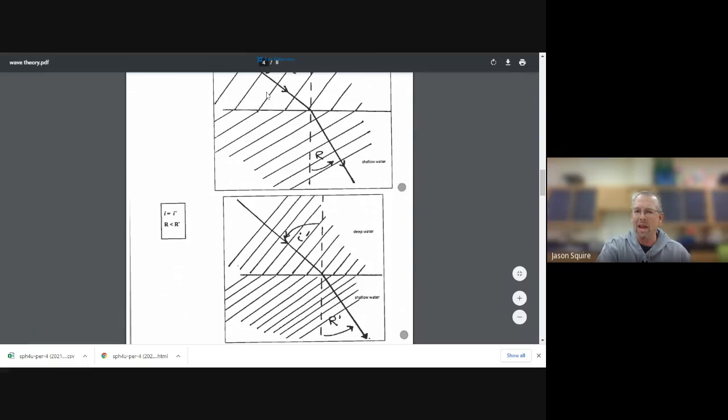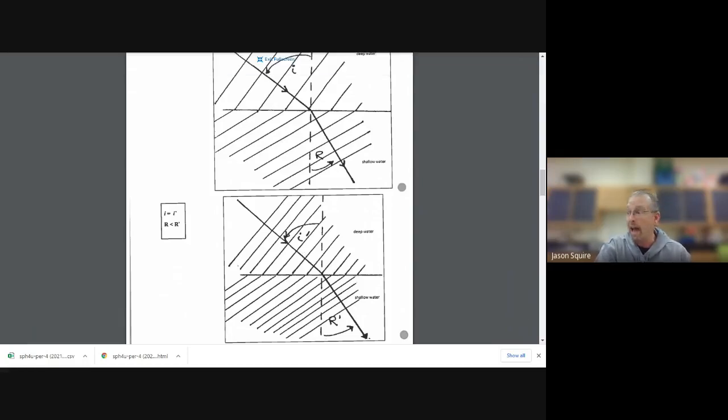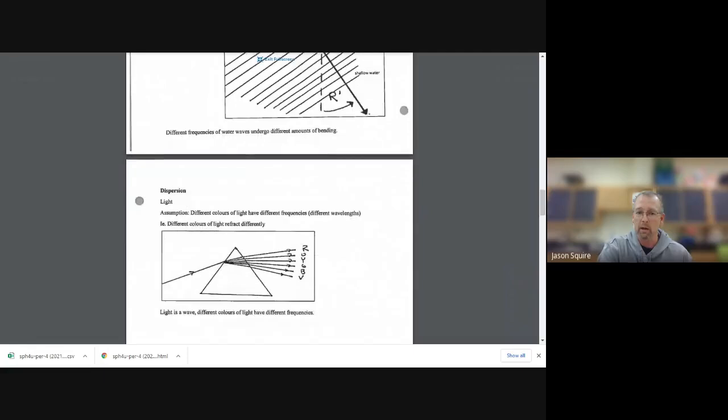I changed the wavelength of the incoming waves. Wavelength has some bearing on how much the light is going to bend. Well, what does that mean? Wavelengths of light bend different amounts. The red wavelength of light is different than the violet wavelength of light, and that's why they bend different amounts.